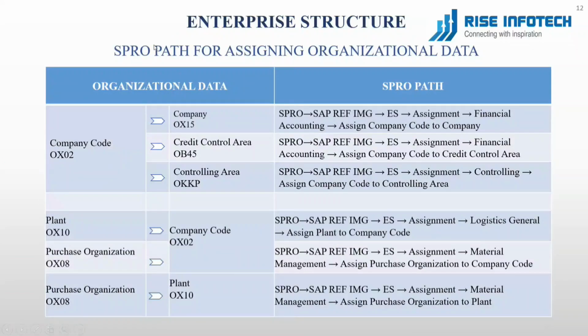Then coming to assignment. After all the creation of enterprise structure is done, we assign the company code, plant, purchase organization to company, credit control area, controlling area using the SPRO path. We already know how to create and how to assign.